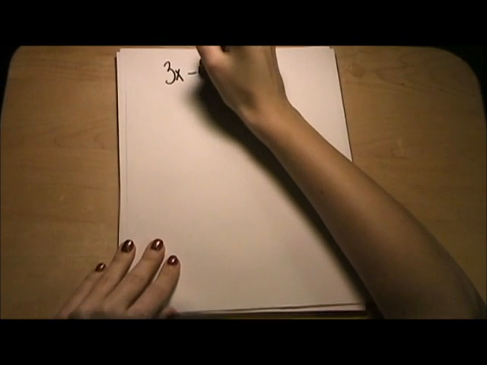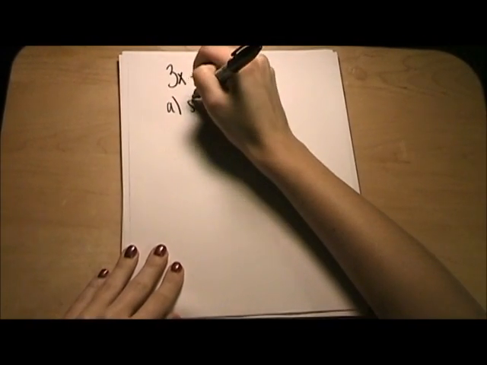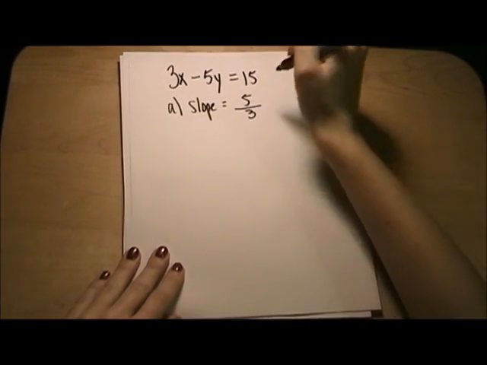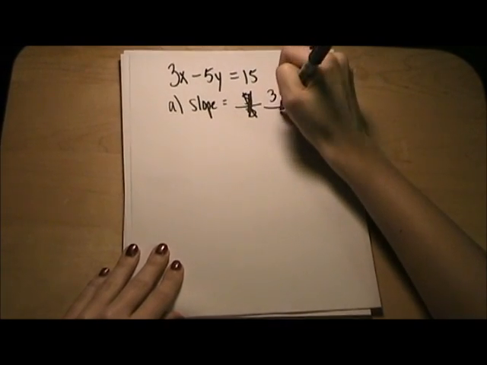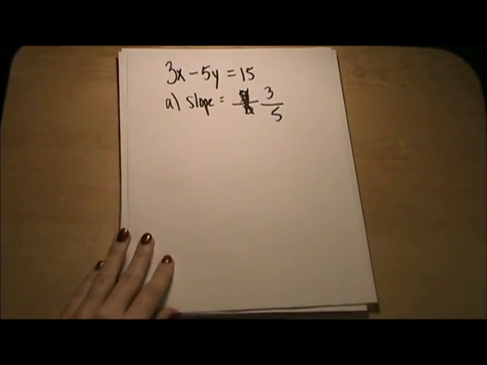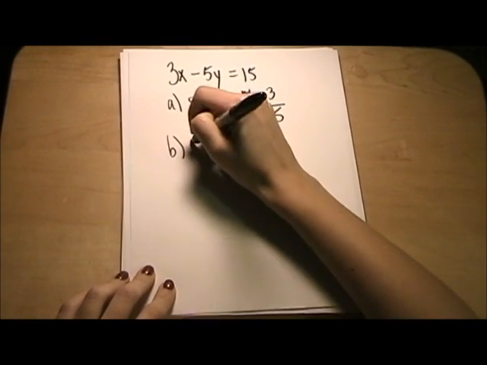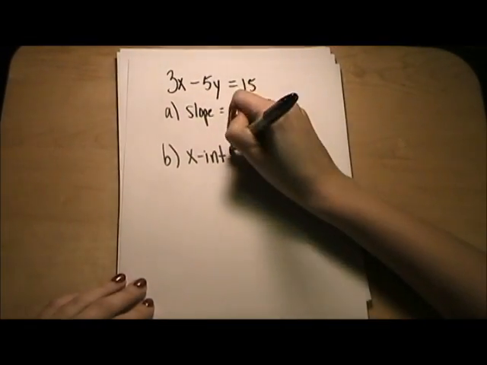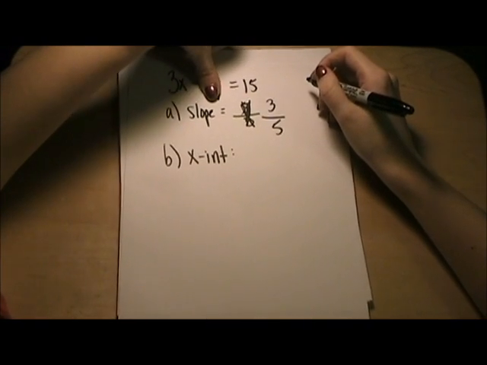Just rewriting the example. So part A, we said the slope was 3/5, which we just did. If I ask you for the x-intercept, okay, this becomes 0, so it disappears.